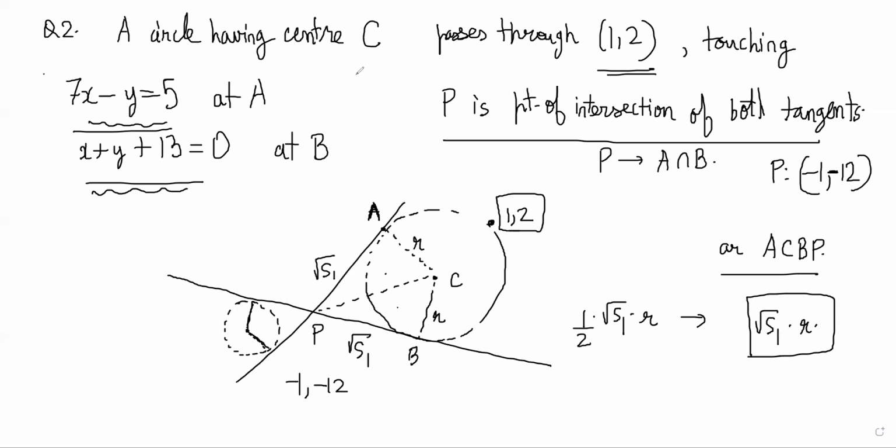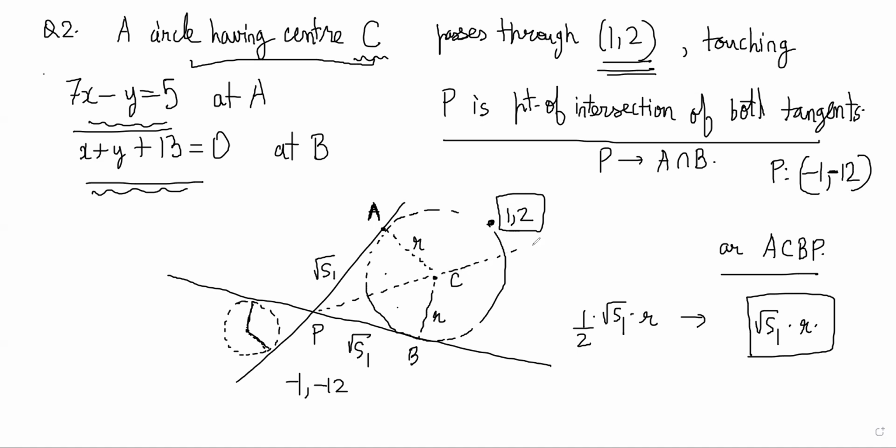The circle having center C passes through this point and touches these two lines. What I did for this is that we know the center of the circle will lie on the angle bisector of the two lines.